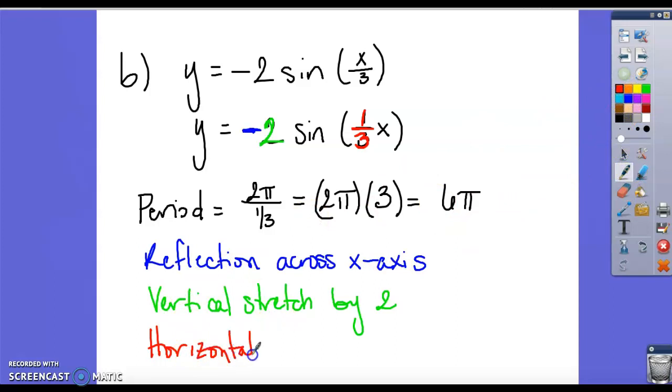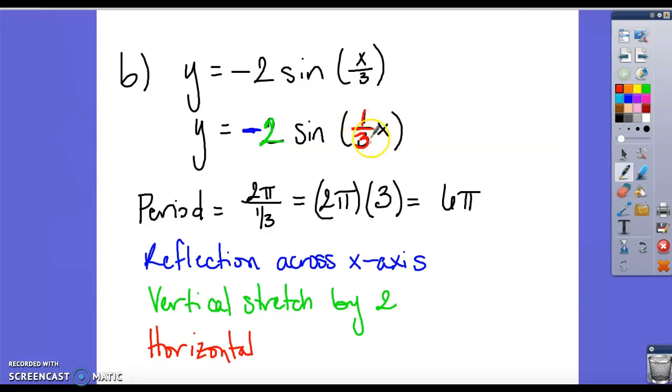It seems like adding should move it right, but it doesn't. It moves it left. The same kind of thing happens when I multiply.